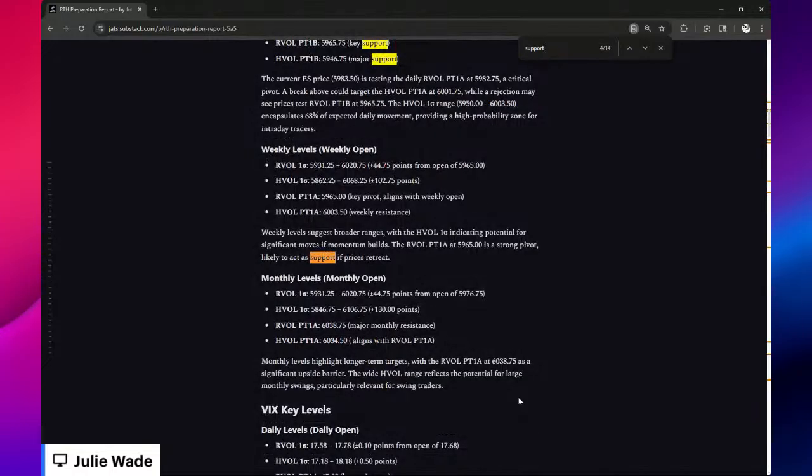59.46. So here we go, 59.31, 25. So we did get it.